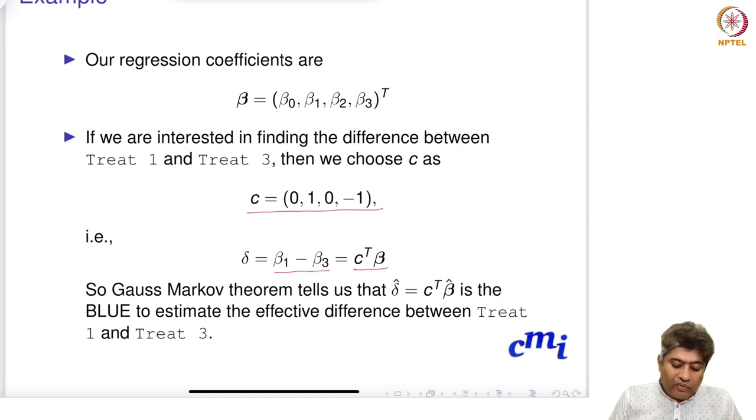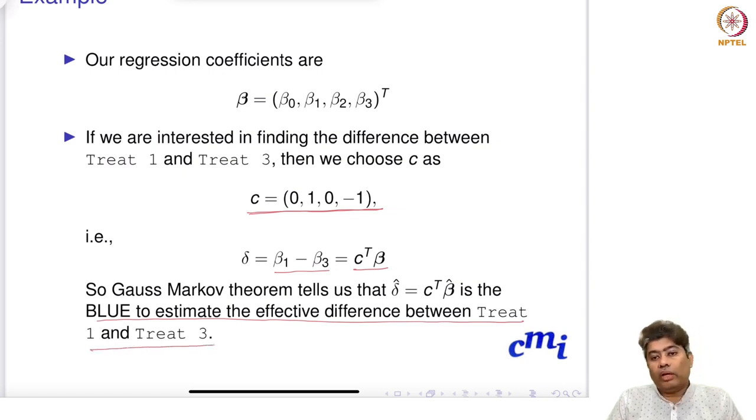Now the Gauss Markov theorem tells me that if I take C transpose beta hat, the OLS estimator beta hat multiplied with this C, that will be the best linear unbiased estimator for the difference between treatment 1 and treatment 3.